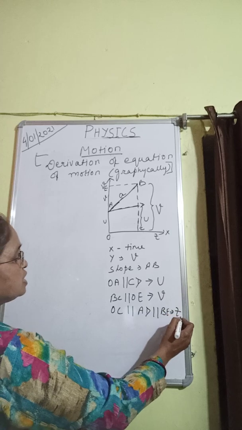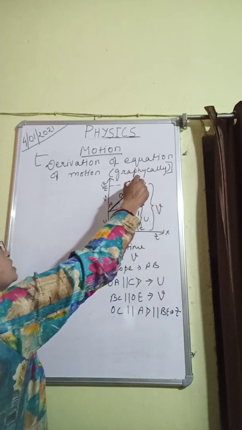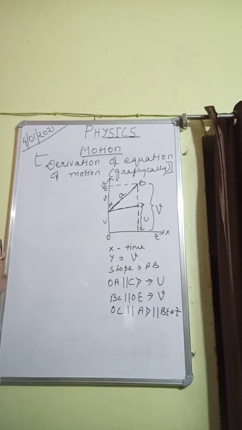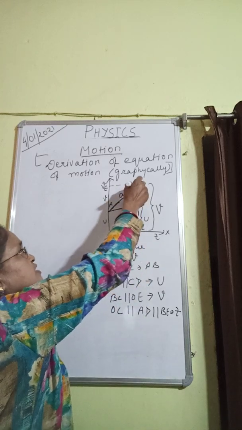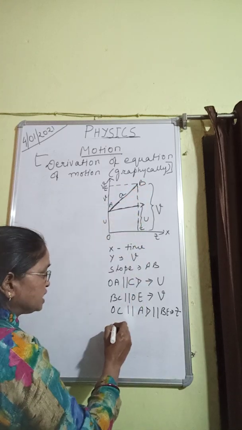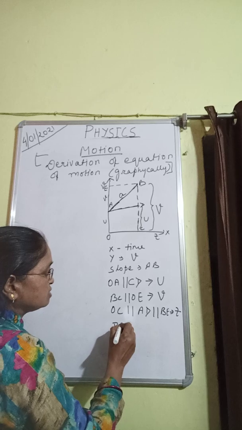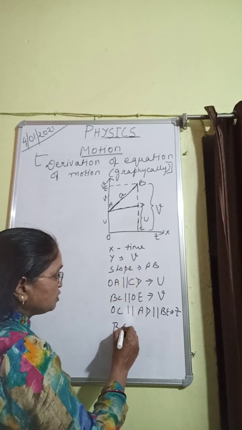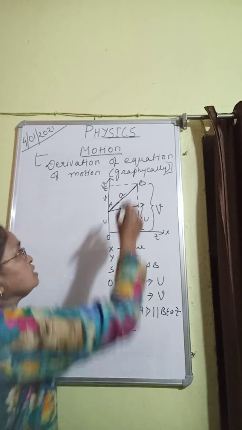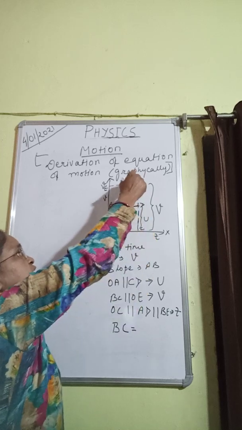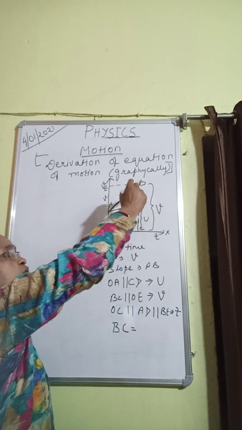So here what is BD? We know BC first. BC total.